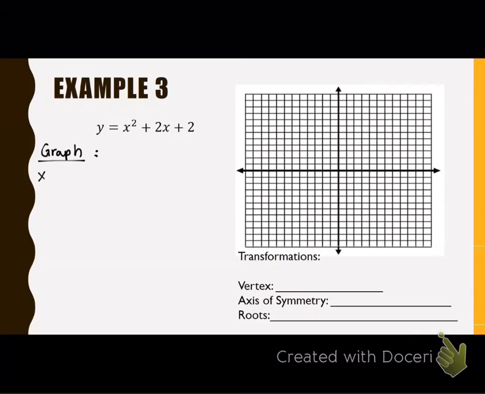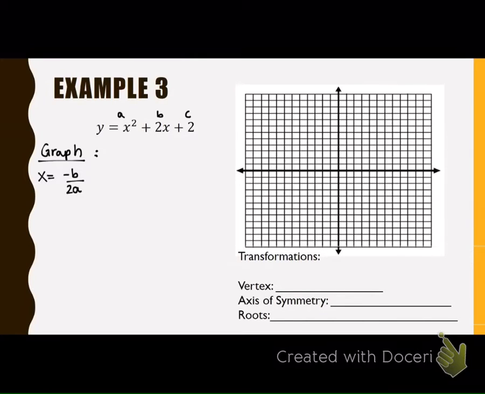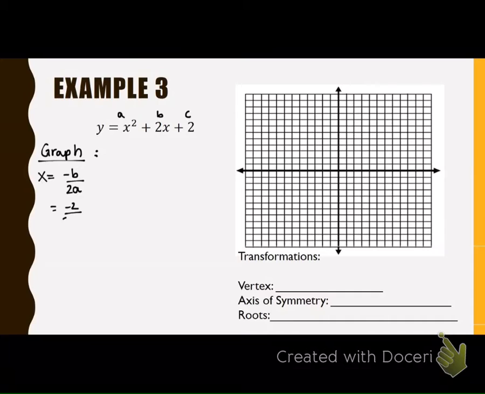X equals negative b over 2a, or opposite b over 2a. You have to know that by yourself tomorrow. So Emma, what goes in for my b then? Negative 2. Riley, what goes in for my a value?